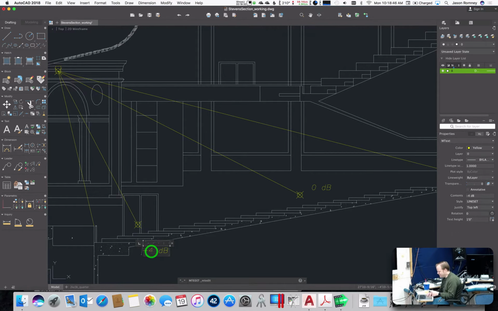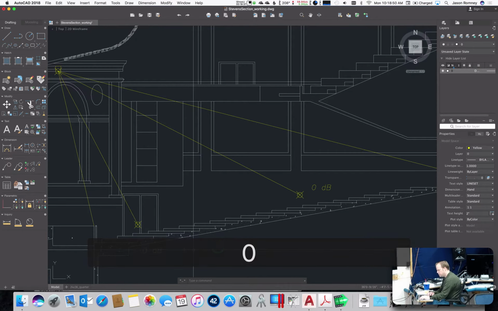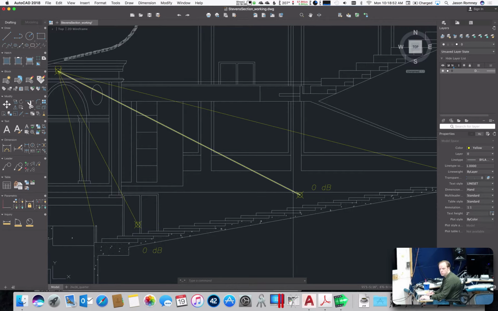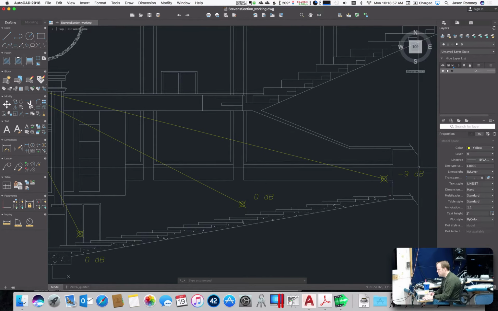So that cancels out. So in this case, the front row is going to be just as loud as the middle row for this frequency, but the back row is 9 dB quieter. Okay, that's not within the 6 dB range that we would like to be in.